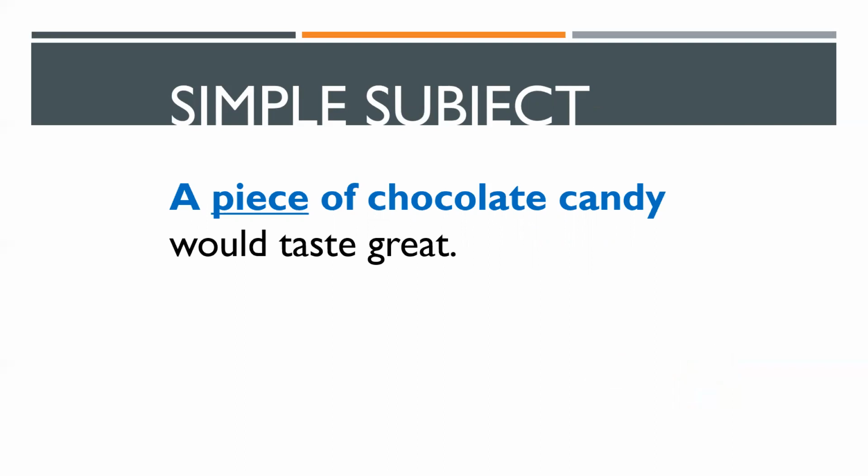Kira-kira, what is the subject? Sepotong permen coklat rasanya enak. So, do you think that the subject is sepotong, or permen coklat, or sepotong permen coklat? Please think of it. If we have here a piece of chocolate candy, or sepotong permen coklat, it becomes one unity.